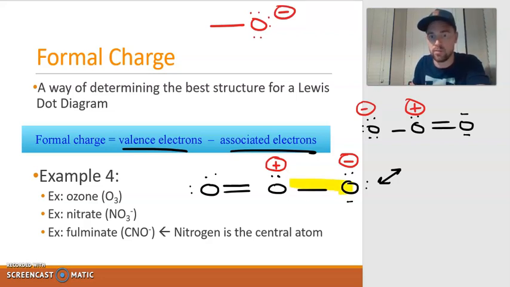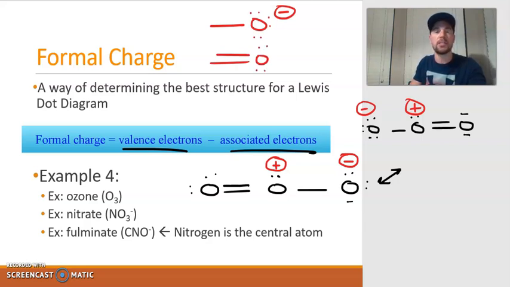Notice that was the case right here, and also right here. When oxygen is doubly bonded in the terminal position, its formal charge will be 0. You don't have to put anything. Notice that was the case here and here. If you can remember those 2 tricks, that's going to help save you a lot of time.